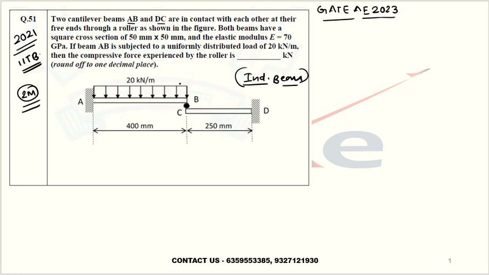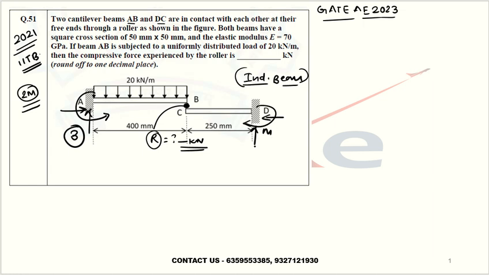First of all, what they are asking is the roller support reaction, to be found in kilonewton. I hope you can understand that this is an indeterminate beam, because at this end you will have 3 unknown reactions, and again at this end you will have 3 unknown reactions.